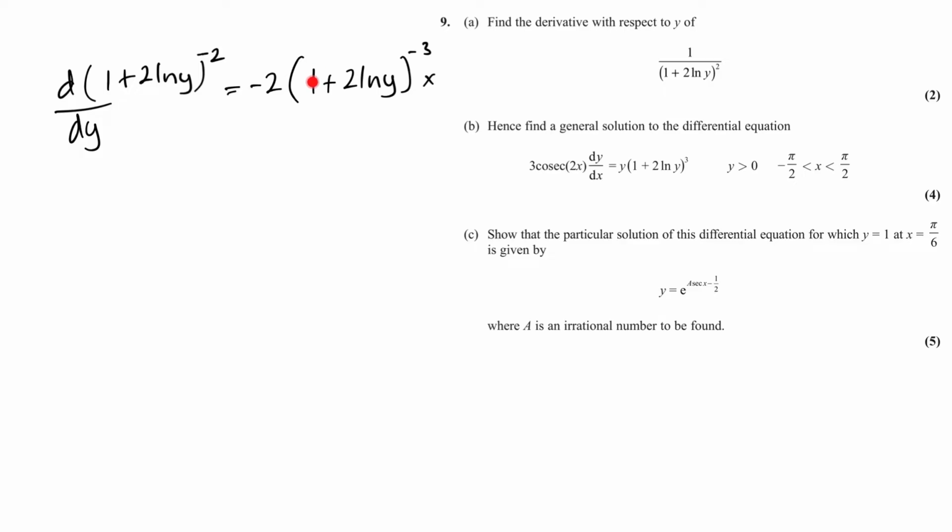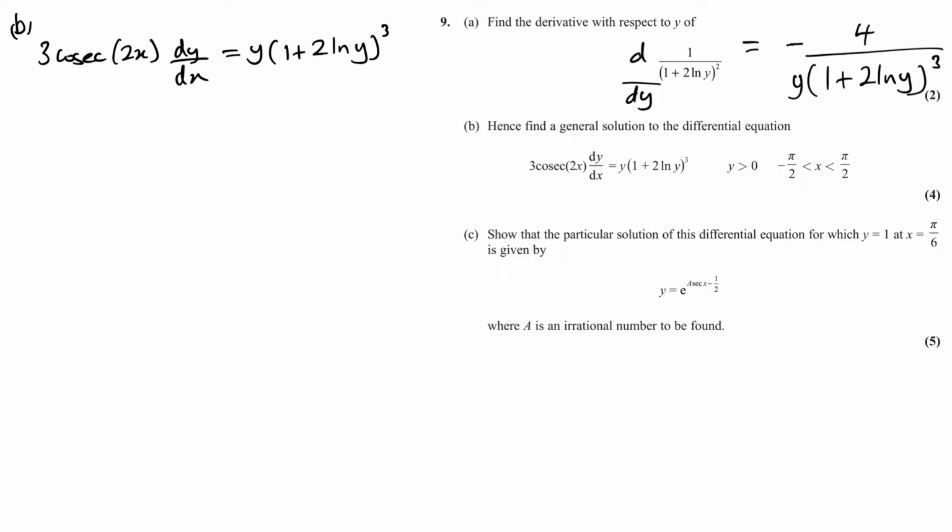So 1 is obviously going to just differentiate to nothing. 2 ln y is going to become 2 over y. So that gives me on the top minus 4 and 1 plus 2 ln y cubed multiplied by y. And that's on my bottom.